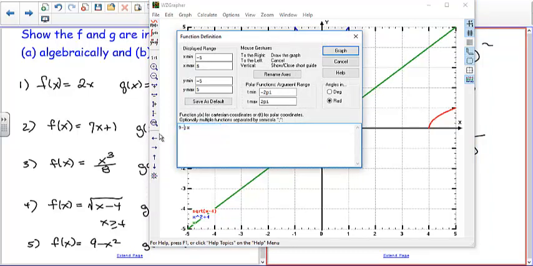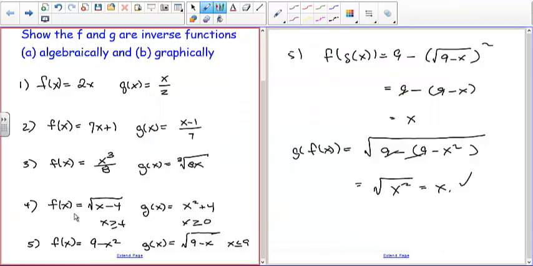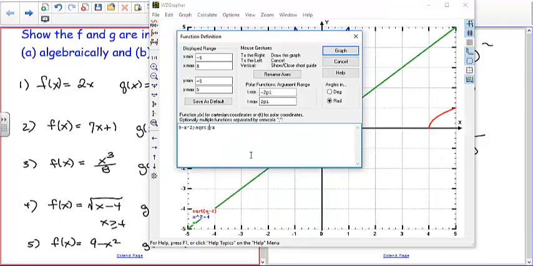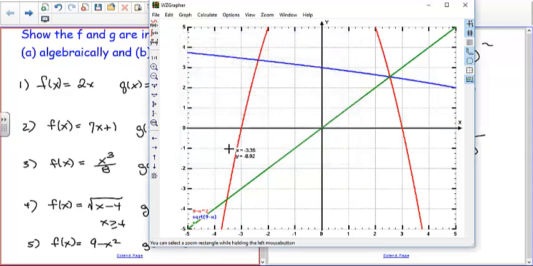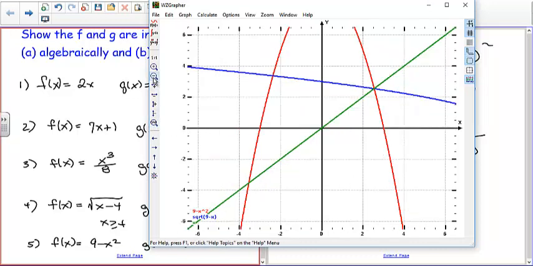And then graphically the functions are as such. So you've got 9 minus x squared and the square root of 9 minus x. Graph that. Okay, so that looks a little crazy, but let me zoom out a little bit.